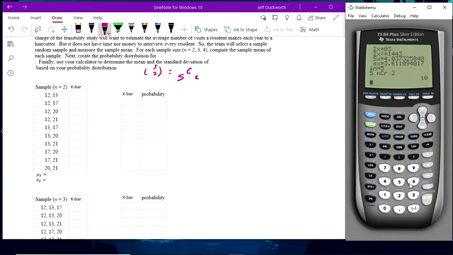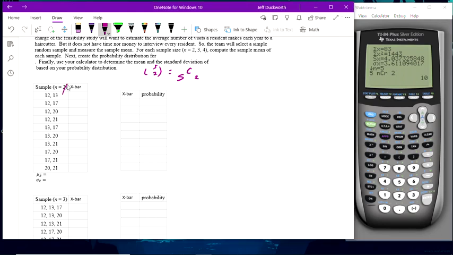And I've listed all the 10 different possibilities that we can do. Each of these individual pairs is equally likely. And that's what's going to help us with the probability part once we're done. So our very first one is 12 plus 13 over 2, which is 12.5.